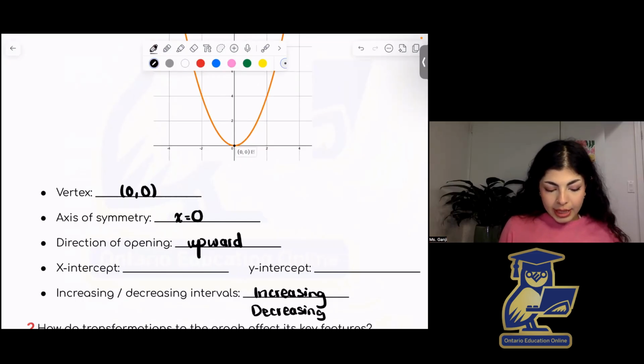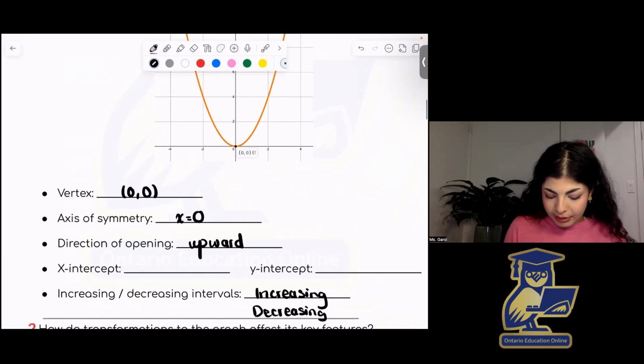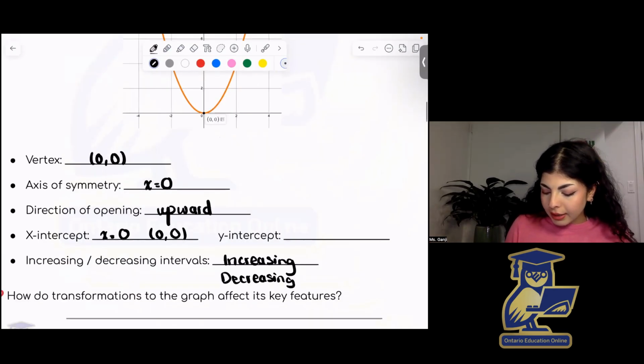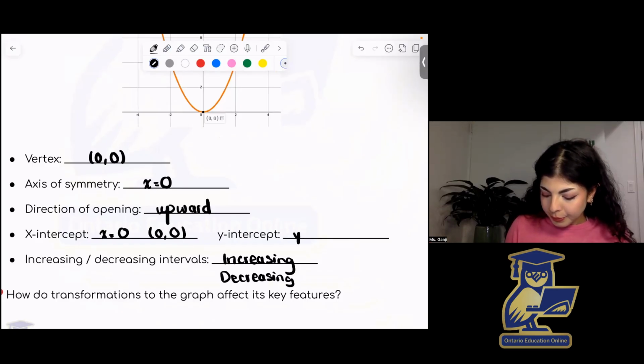And our x-intercept, so here you can either write x is 0 or the point 0, 0. Both of these will be acceptable. And same with the y-intercept. It's at y equals 0 or 0, 0.